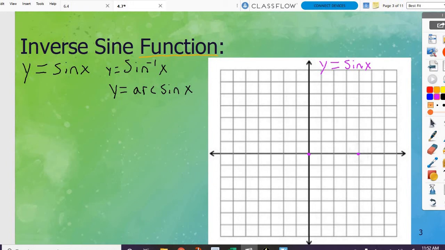Halfway in between is our other 0. Halfway in between that is our maximum at 1. And then halfway in between our second 0. But does our graph stop there? No, remember it continues on forever, in that same pattern.